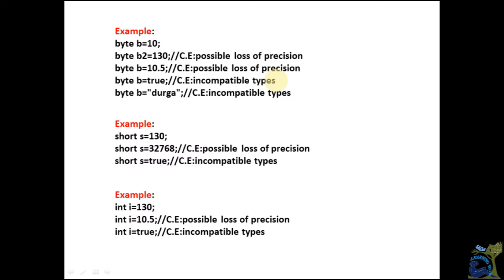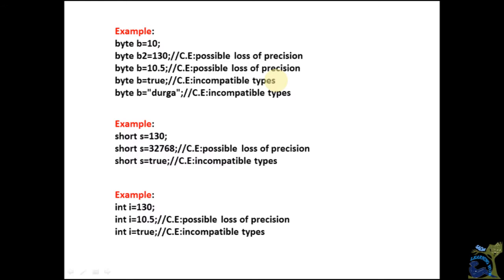Next data type is int. This is the most commonly used data type in Java. The size of int is 4 bytes. Range is minus 2147483648 to 2147483647, that is minus 2 power 31 to 2 power 31 minus 1.